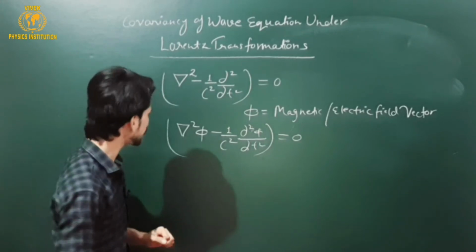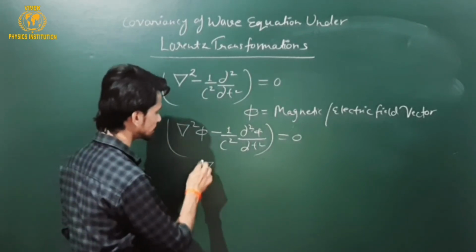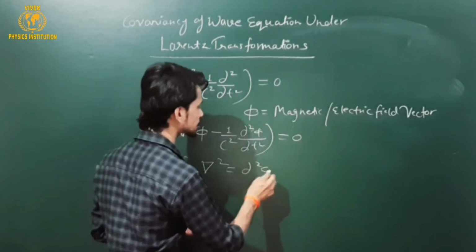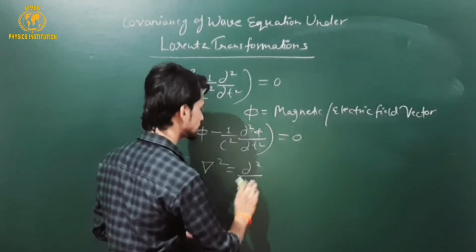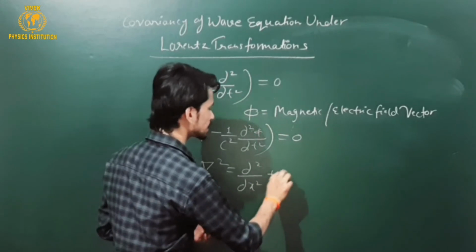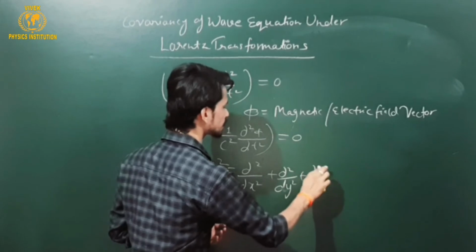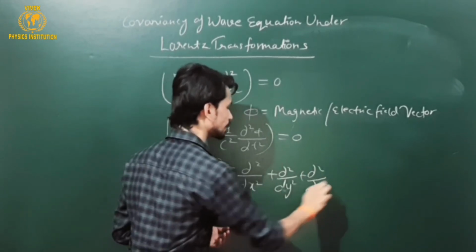The simple meaning is that here del is an operator whose value is nothing but del square over del x square plus del square upon del y square plus del square upon del z square.